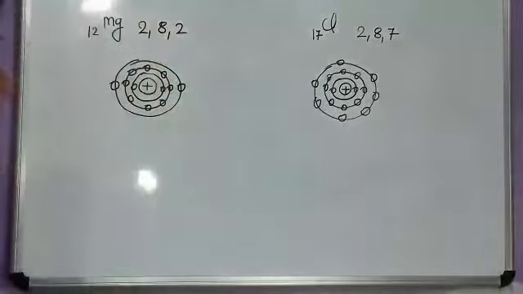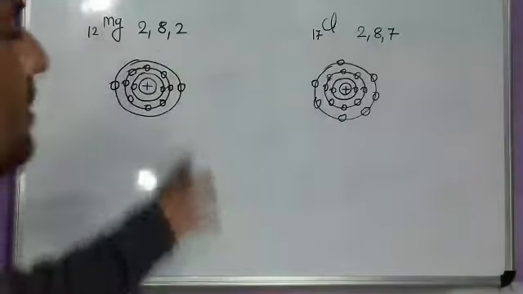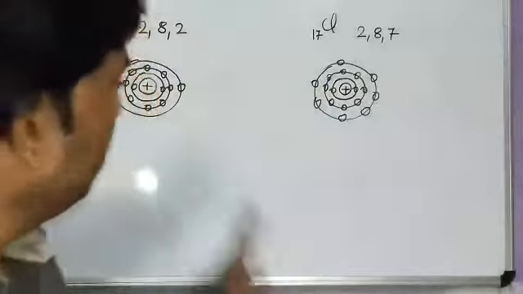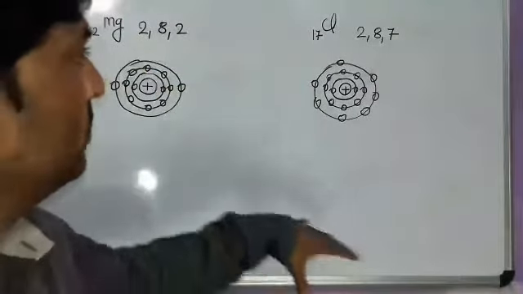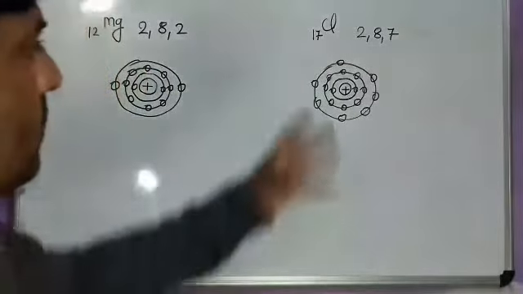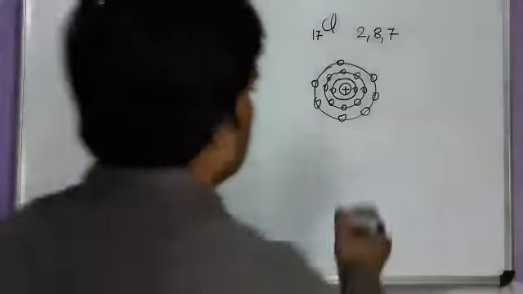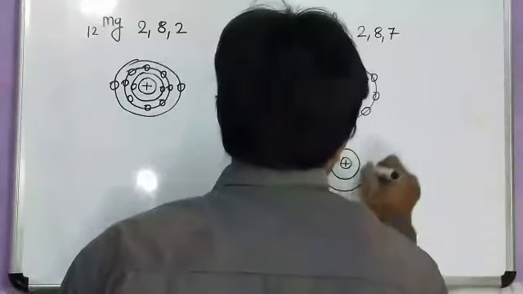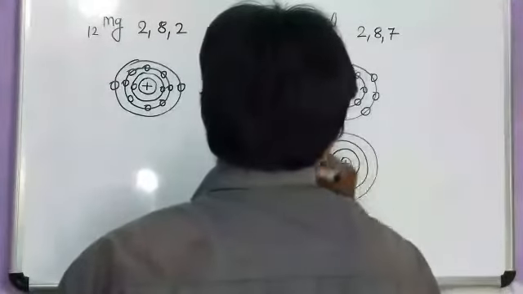The outermost orbit contains 7 electrons in chlorine and 2 electrons in magnesium. So magnesium donates 2 electrons to chlorine, and there are 2 atoms of chlorine in this process. Okay, 2 atoms of chlorine.